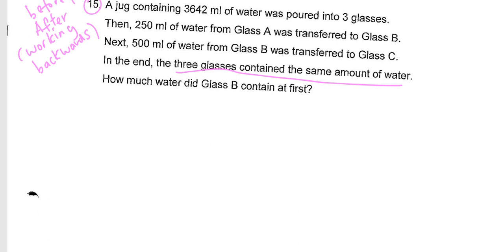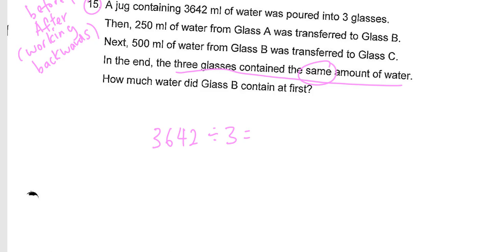So since the only easy clue that is given is that they have the same amount of water and no water was lost, alright, it wasn't evaporated, it wasn't poured away, it was just transferred from here to there. Their totals in the end never change. It is still 3, 6, 4, 2. So I'm going to divide it by 3 because they said they had an equal amount of water left.